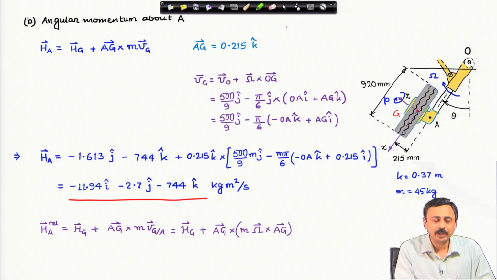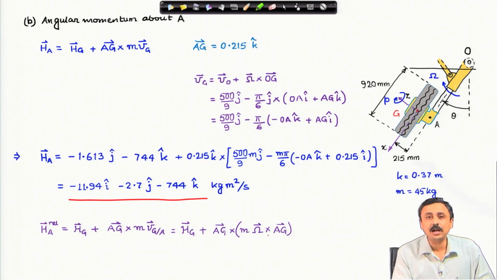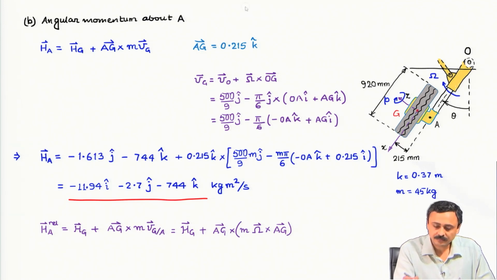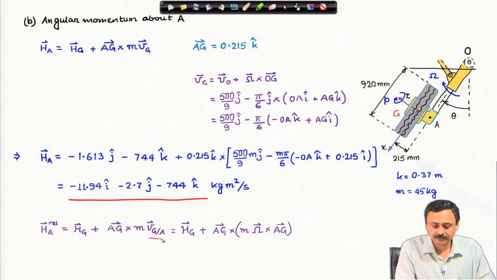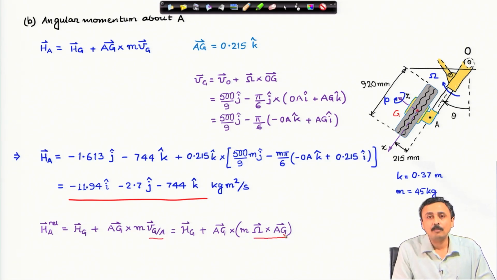Relative angular momentum about A is h g plus the arm A g cross the relative linear momentum of g with respect to A, therefore mass times velocity of g relative to A. Because A and g are both points on the same rigid body, this retracting arm, I can write this relative velocity of g relative to A as omega of the body, which is capital omega, cross A g.